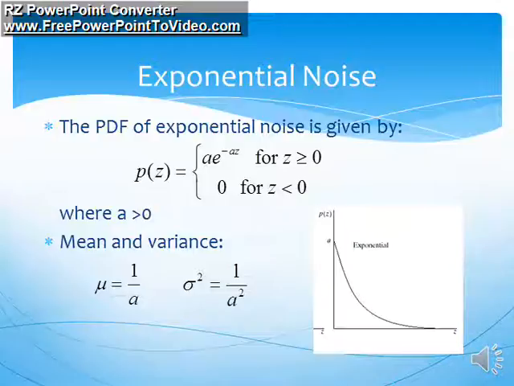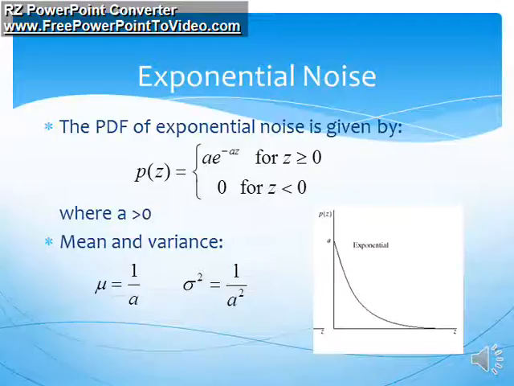Now if we move forward, the next example is the exponential noise, whose plot and probability density function have also been given. The probability density function for exponential noise is given by p(z) equals a e to the power minus az for z greater than or equal to 0, and the value will be 0 for z less than 0, whereas always a is greater than 0. The mean value should be mu equals 1 by a, and the variance should be sigma square equals 1 by a square.